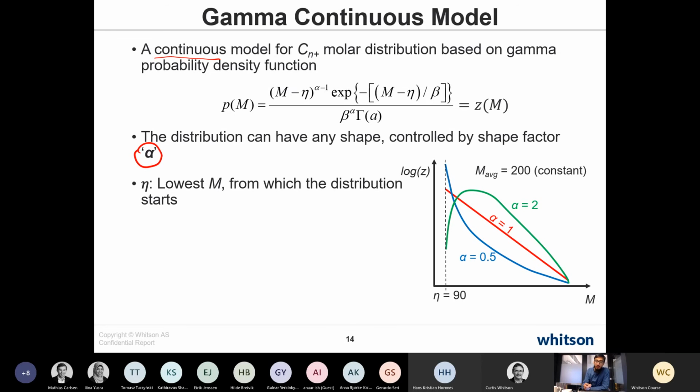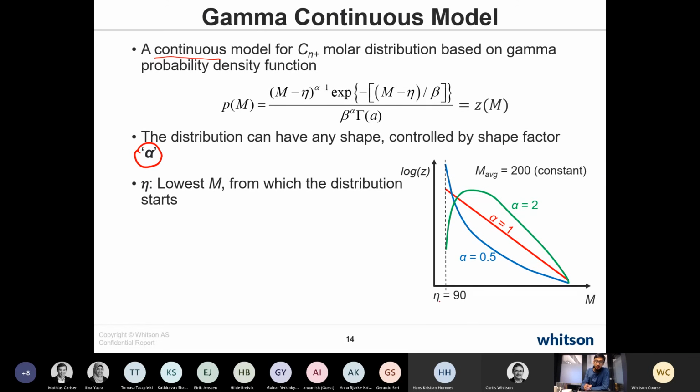One is the shape factor, that's this alpha, that controls the shape of the distribution. So if I plot log of Zi versus m, if alpha is equal to 1, then it's a straight line. Alpha 0.5 looks like this blue line. Alpha equals 2 has this hump, which is the green line. And this eta, that's the second parameter in the model. That is actually the lowest molecular weight you can have in the distribution.